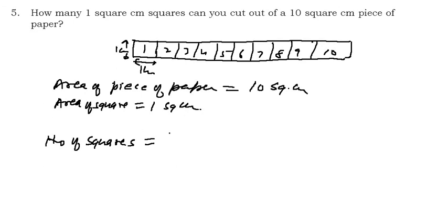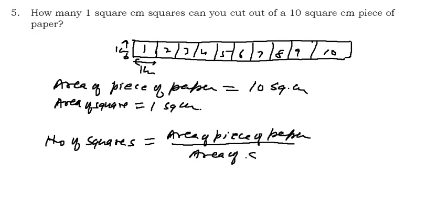So number of squares is area of piece of paper upon area of square. That is 10 divided by 1. So you can say 10 squares. So that will be your answer.